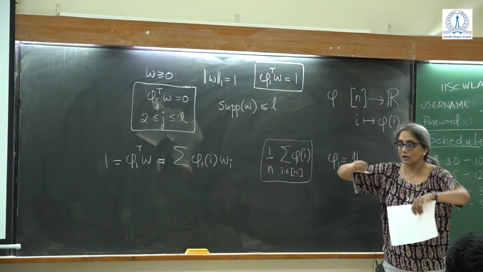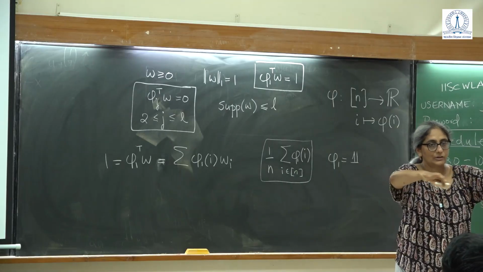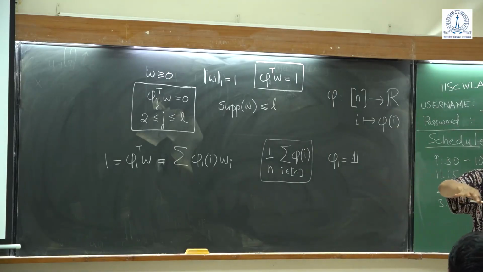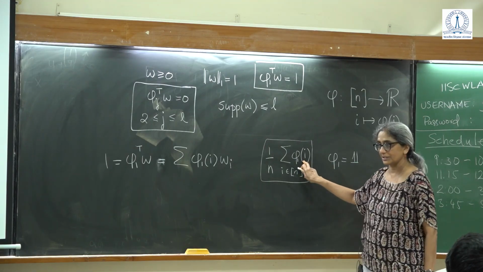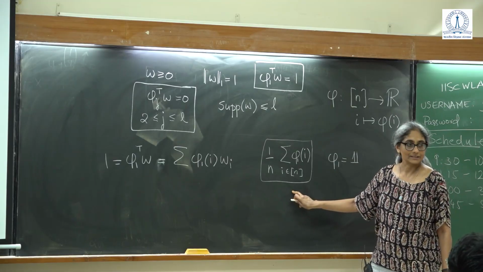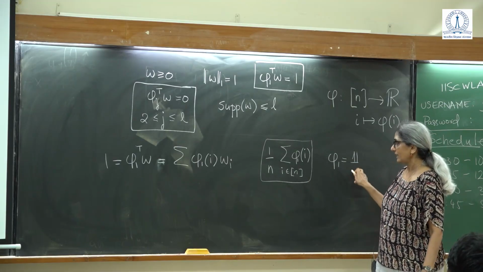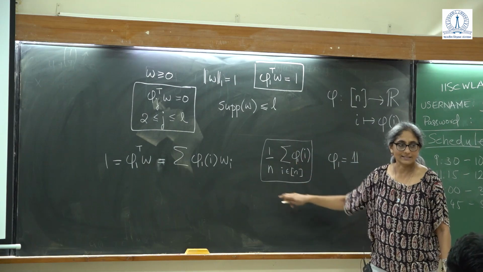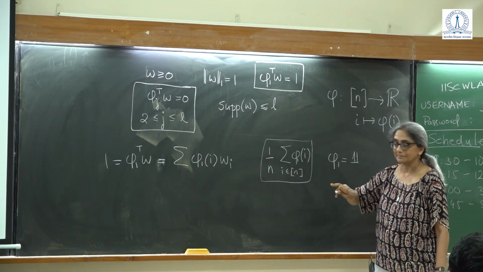So if I take the global average of the function value of phi1 on the whole graph, I'm taking phi1 1 plus phi1 2 plus phi1 3 up to phi1 n, and dividing by the number of vertices. That's the average, right? But if phi1 is 1, what is this? Also 1.